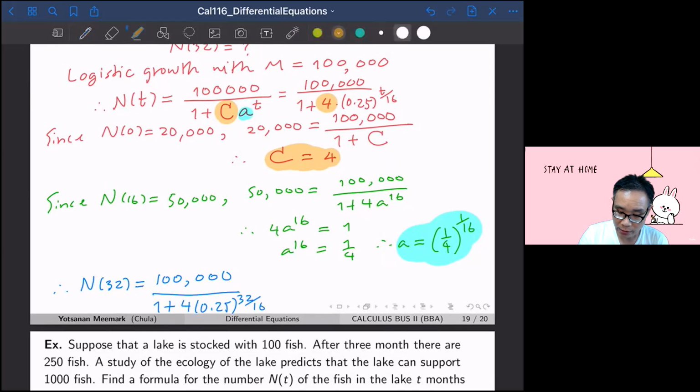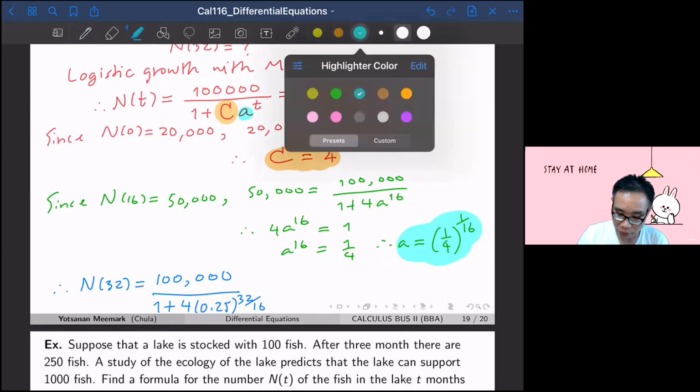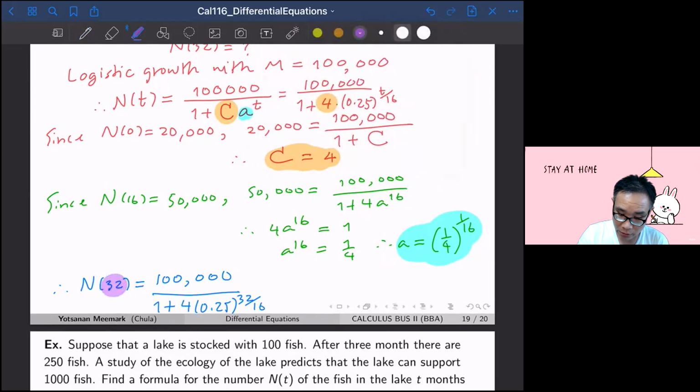So you see that I put 32 into the function, I just plug in t equal to 32. And this one will turn out to be a nice number. So you have 100,000 over 1 plus, it's going to be (1/4) squared.